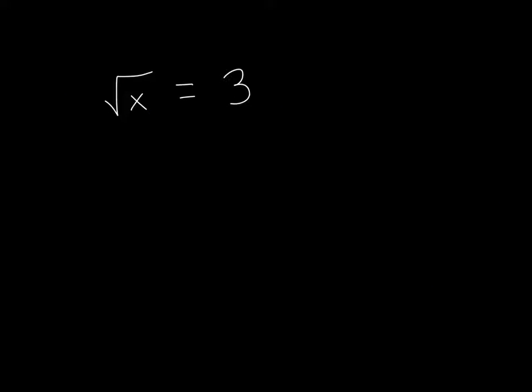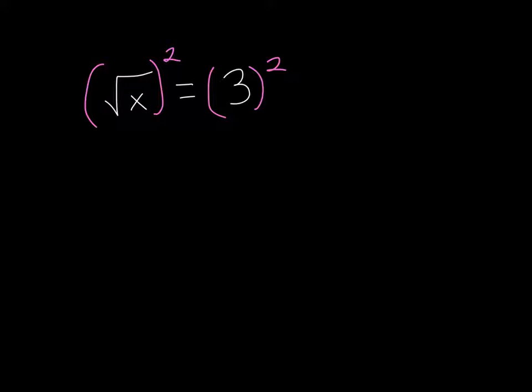All right, so let's apply this to an equation. As we just discussed, the inverse operation of a square root is a square. That's how I cancel a square root. And just like solving any other kind of equation, whatever I do to the left side, I have to do to the right side. So if I square the left, I have to square the right.